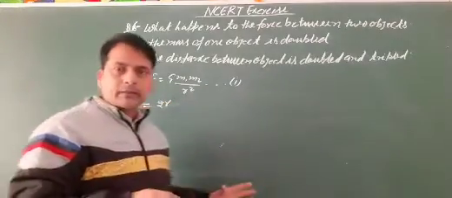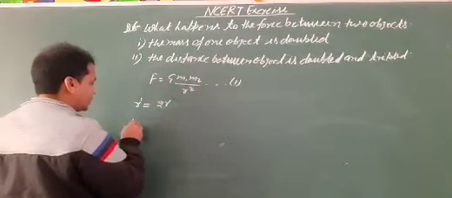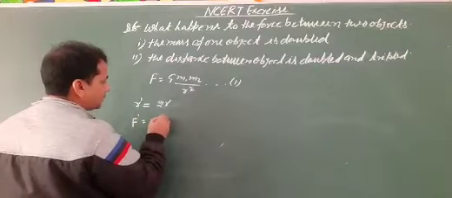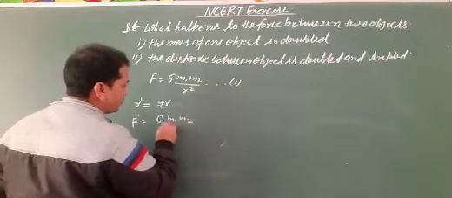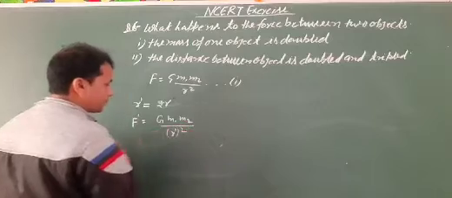And here is the new gravitational force. The new gravitational force F dash equals G m1 m2 by r dash square.